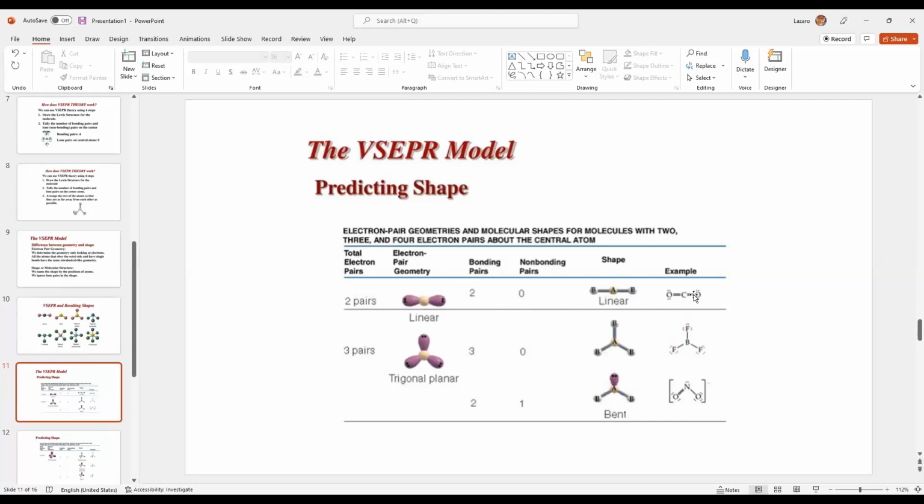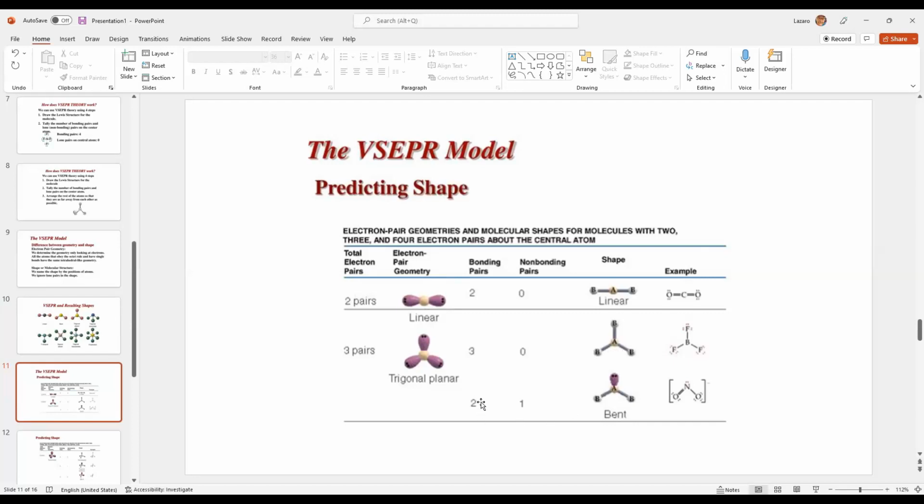Example, CO2. In this case, you have 3 bonding pairs and 0 non-bonding pairs, so the molecule will be trigonal planar.